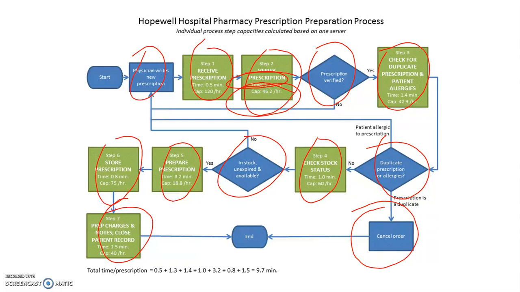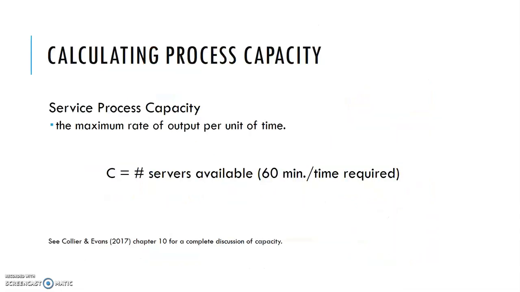Let's talk about what capacity means, and then we can come back to looking at capacities here in this case. So how do we calculate process capacity? We can calculate our capacity for the entire process or for individual steps in a service process using this formula. And when we're talking about capacity, really all we're talking about is the maximum rate of output per unit of time in a particular process.